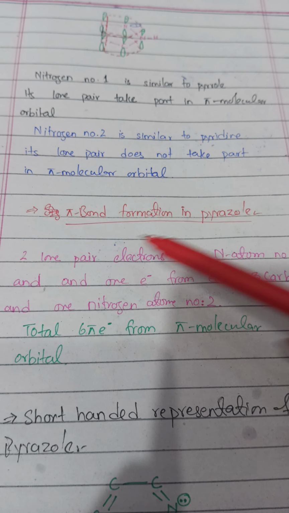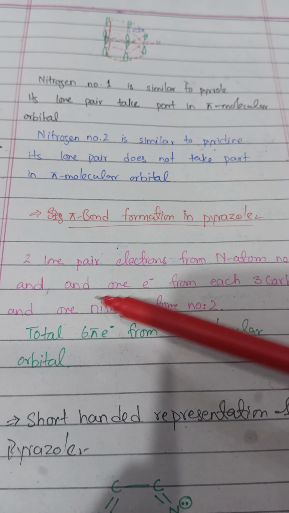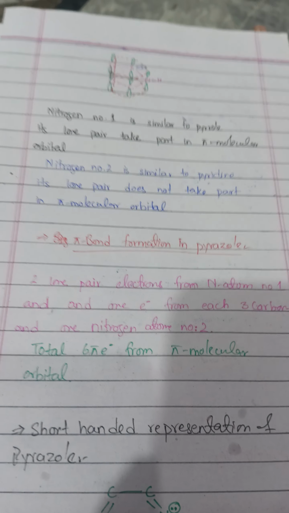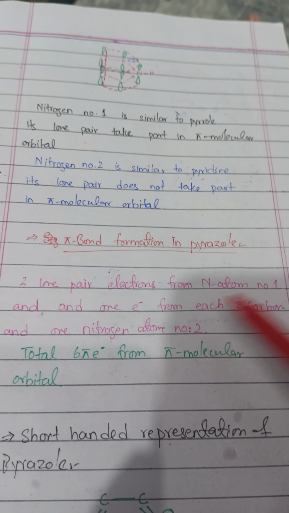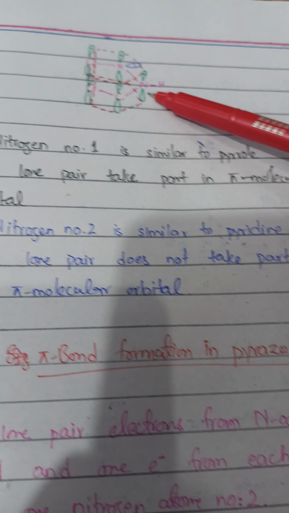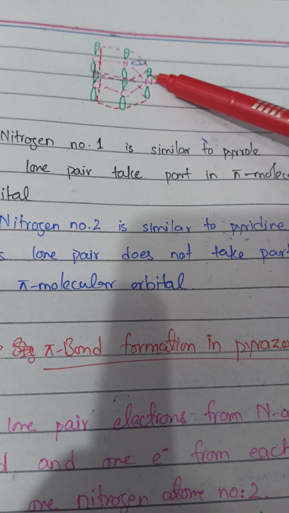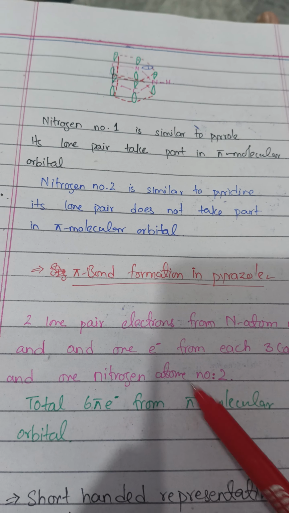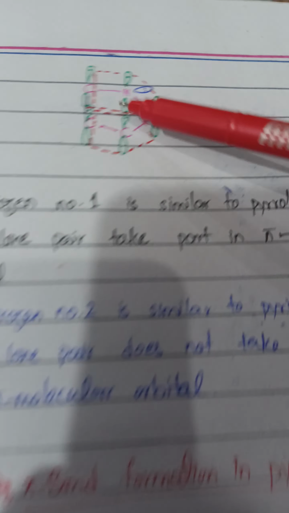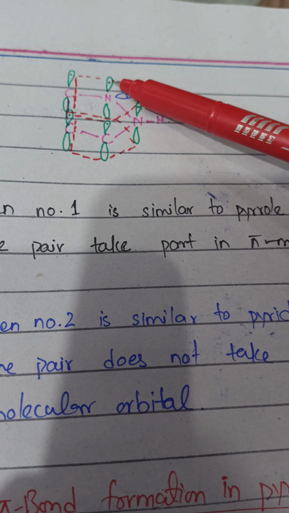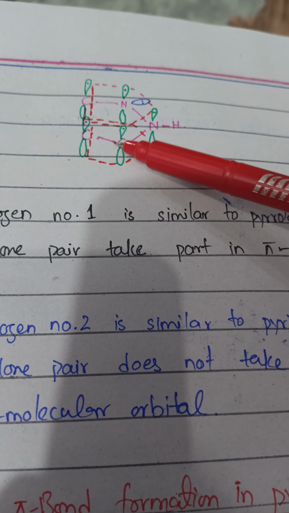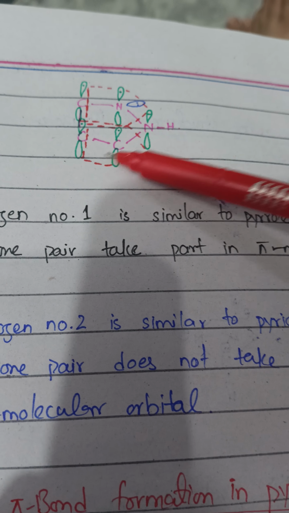Now we see pi bond formation in the pyrazole. Two lone pair electrons from nitrogen atom number 1, which are involved in the pi molecular orbital, and one electron from each of the 3 carbon atoms, and one electron from nitrogen number 2, are involved in the pi molecular orbital.